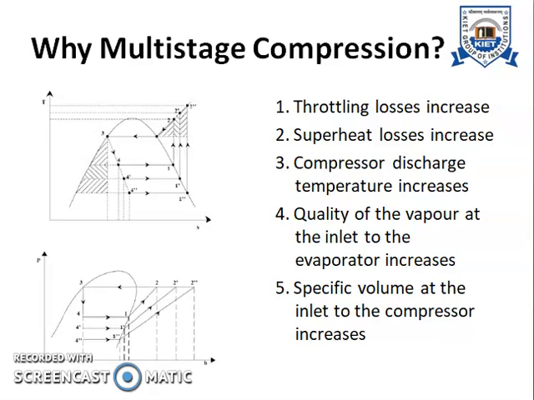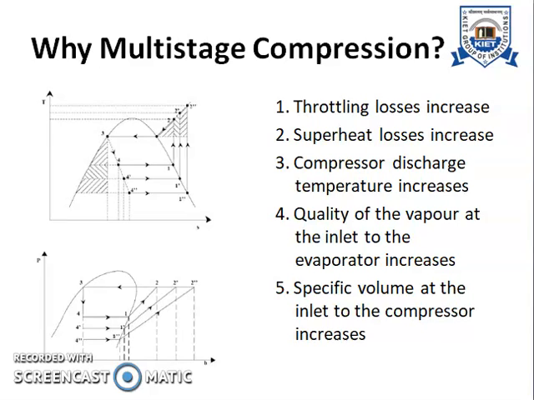Now on a PH diagram as well as a TS diagram, the lines 1 to 2, 2 to 3, 3 to 4 and 4 to 1 represent a single stage cycle. In this case the evaporator temperature is usually around minus 5 degrees Celsius, or at the maximum minus 15 degrees Celsius.